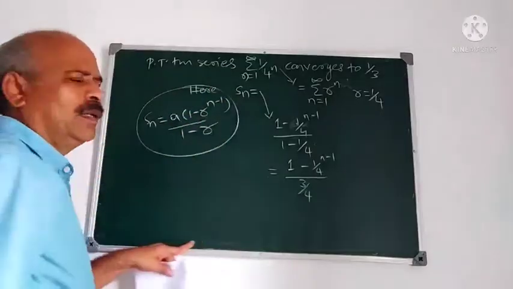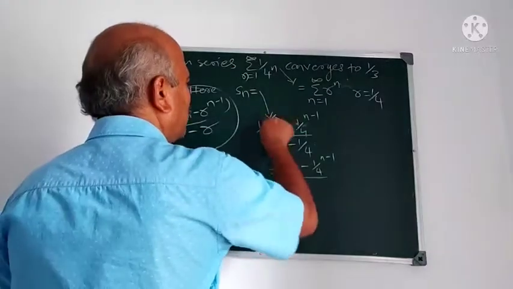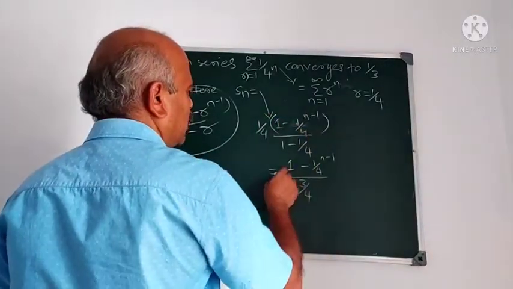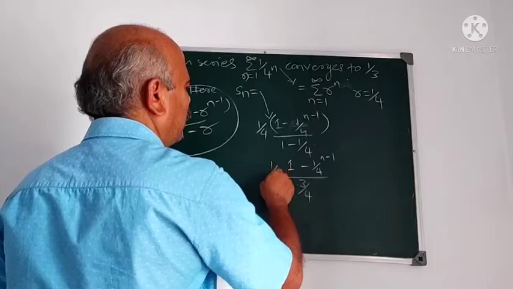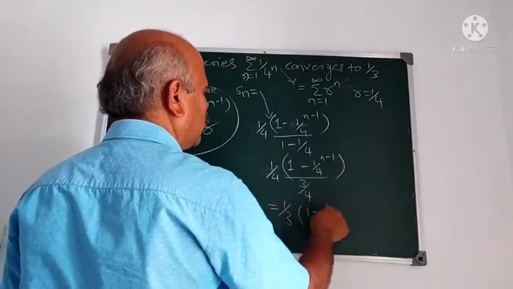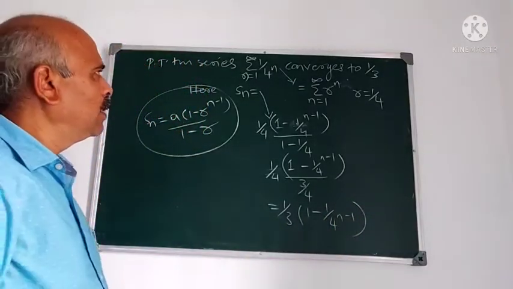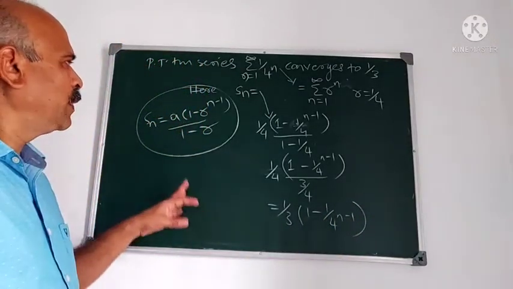So 1 by 4 into this gives 1 upon 3 into 1 minus 1 upon 4 raised to n.